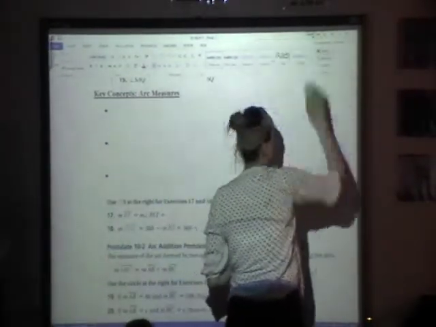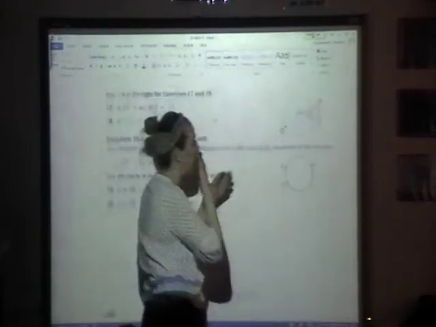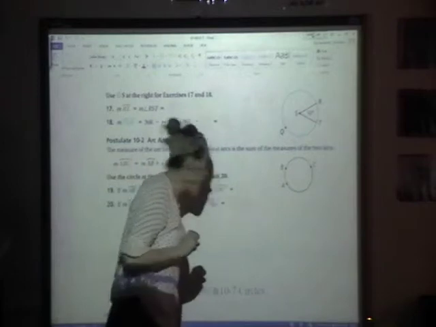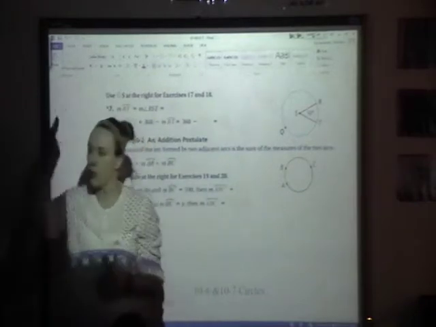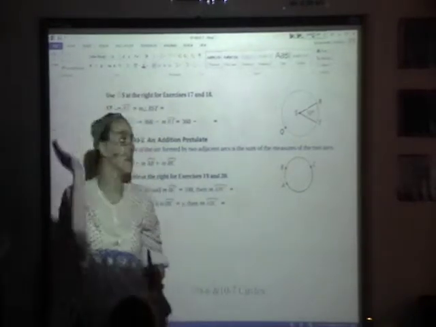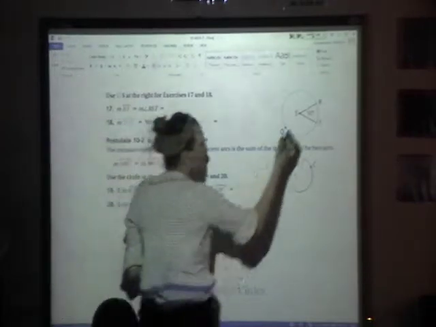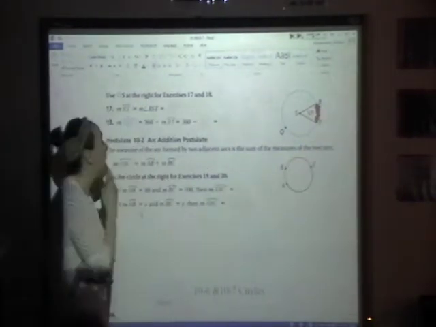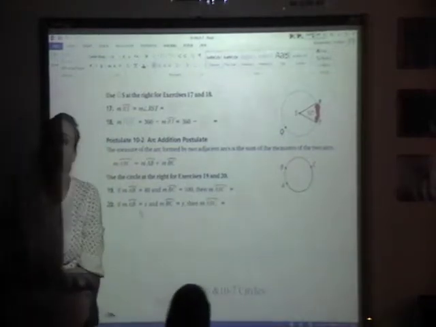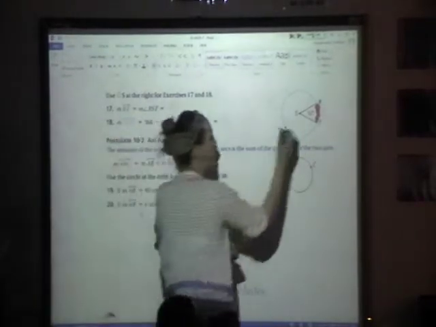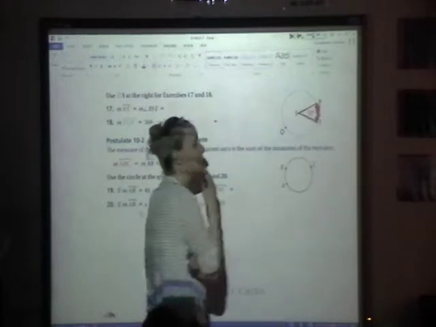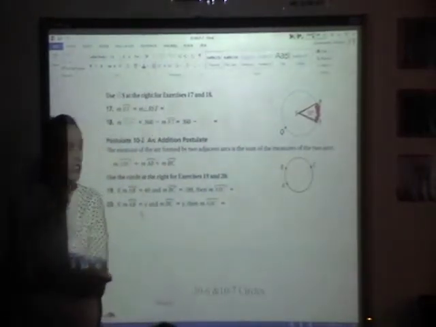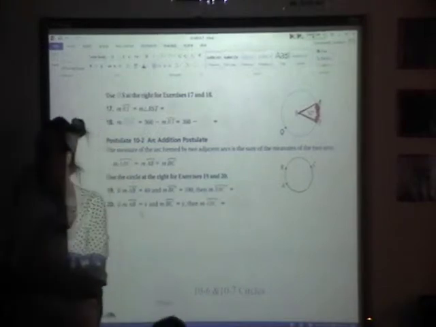So 17 and 18 show us an example discussing major, minor. It says the measure of arc, we know it's an arc because it has a little rainbow over the name. So it's saying the arc of RT is equal to the measure of the angle RST. So whatever our angle is, that's a central angle because it hits at center. Last I checked, S is the center of a circle.